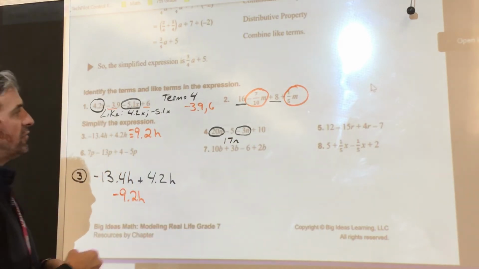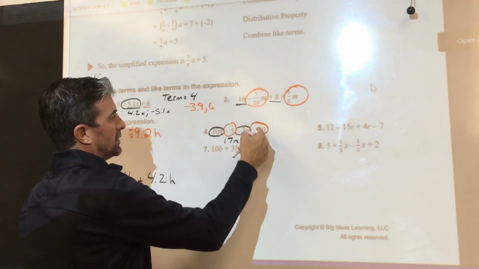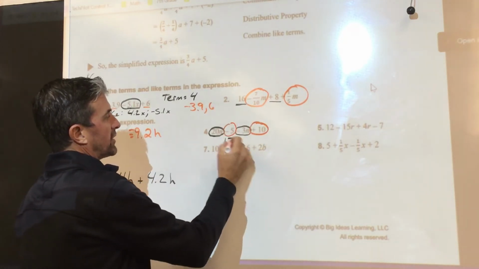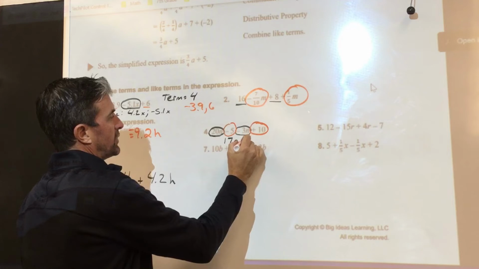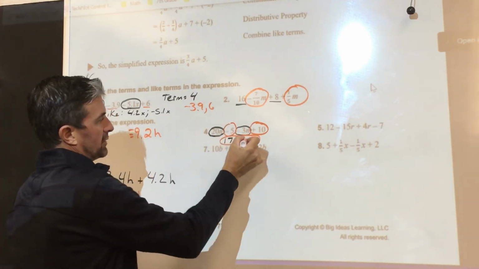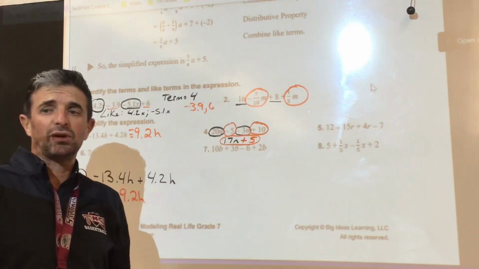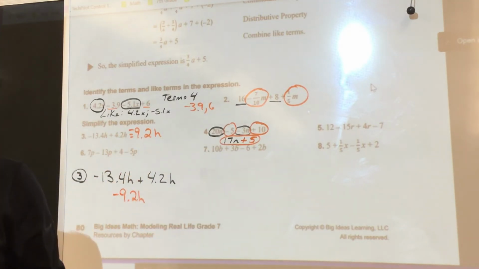And then you have negative 5 and plus 10. Well, different signs, you subtract, positive 10 minus 5, so it would be plus 5. And that's your answer. 17n plus 5, that is as far as you can go. Do not go any further than that.